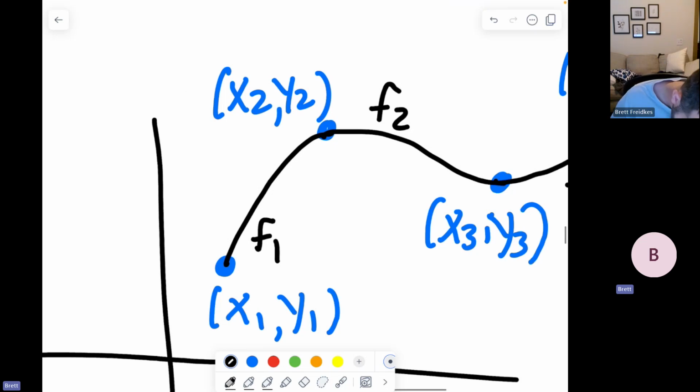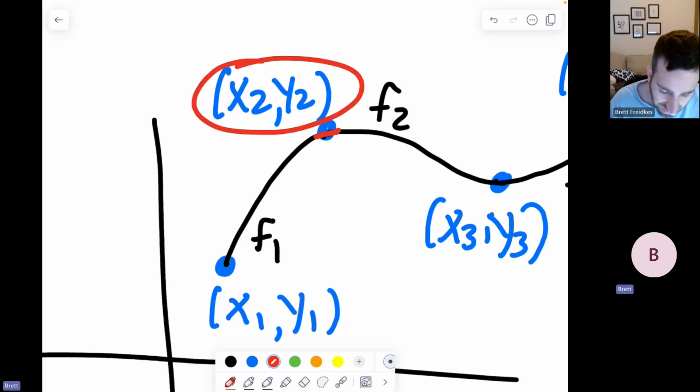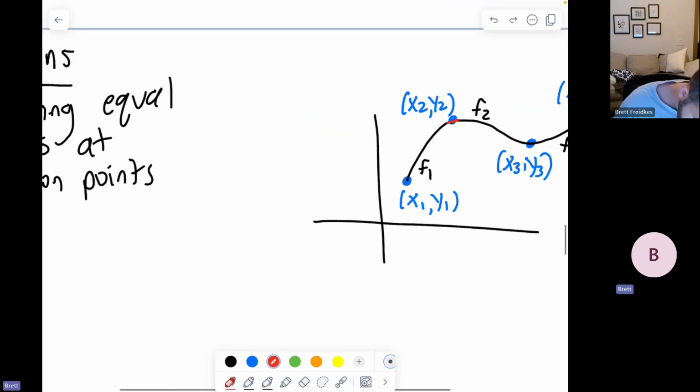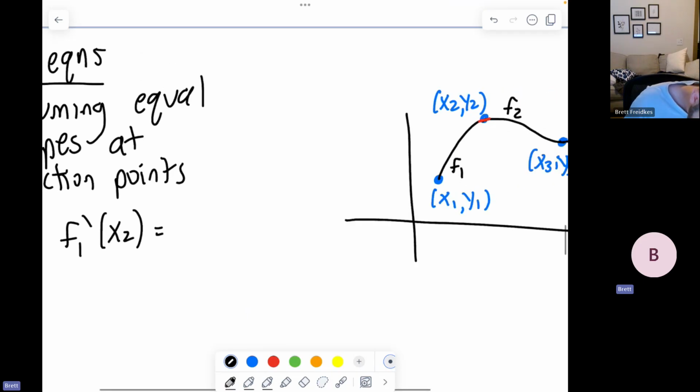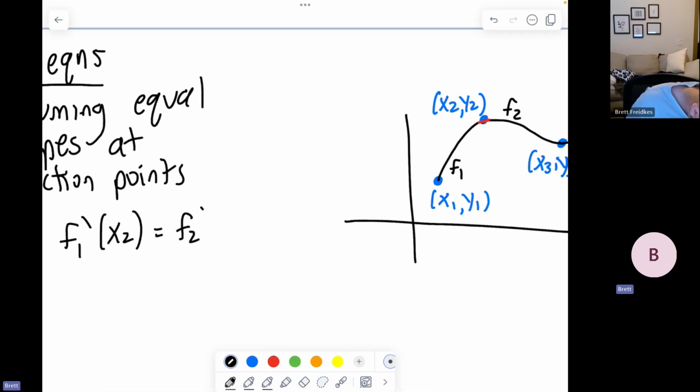So if we zoom in, we see here that the slope between f1 and f2 has to be the same at specifically which point? Well, this point. That's where they touch. So an equation we can write is that f1 prime, for this example at x2, has to be the same as f2 prime at that same point.